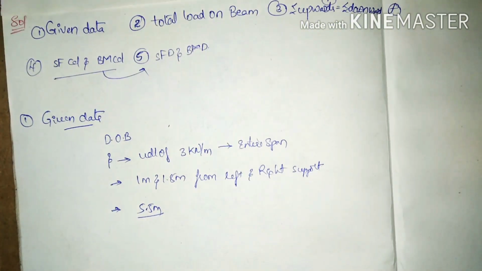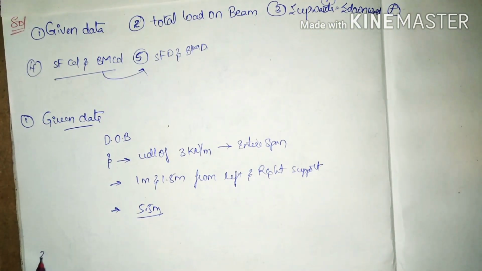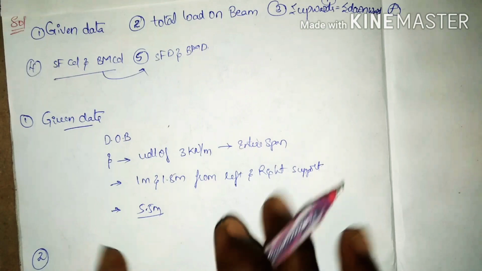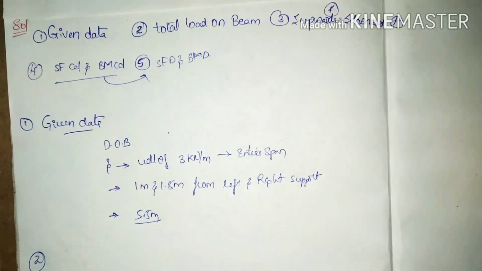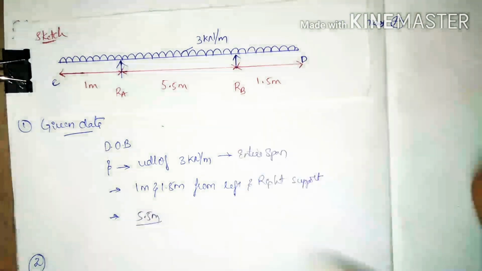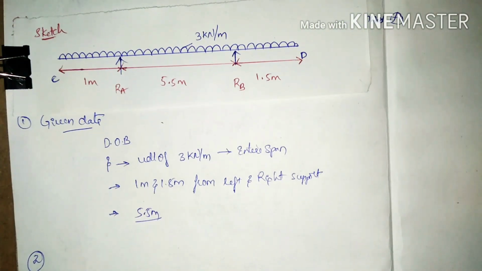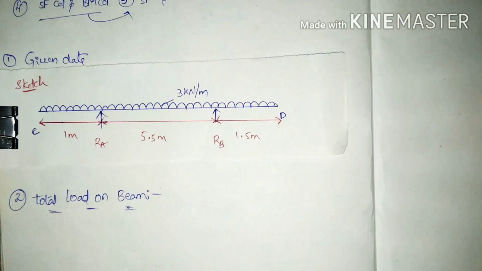This is our given data, and for this we have drawn the diagram here itself. Then we have the second step, the total load on the beam.